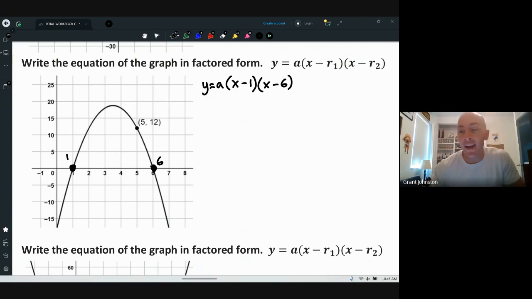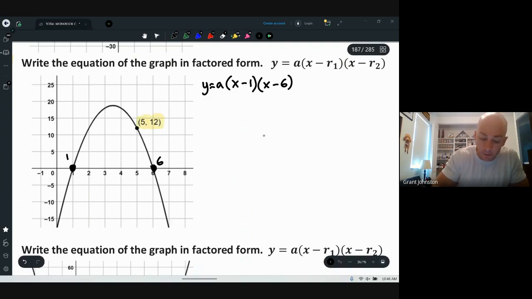All we need now is a. In order to solve for a, we're going to pick another point on the graph. One is given to us, this (5, 12). So I'm going to put 12 in for y, and then I'm going to put 5 in for x.